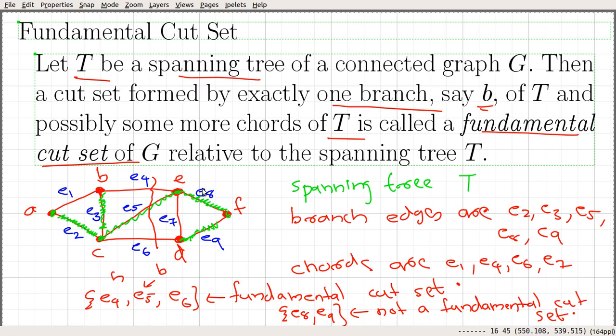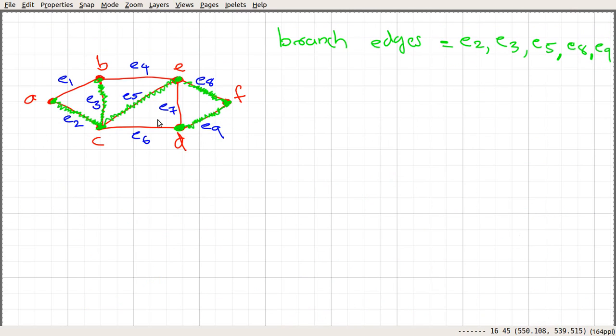Let's look at the same graph G and find some more fundamental cut sets with respect to each branch.